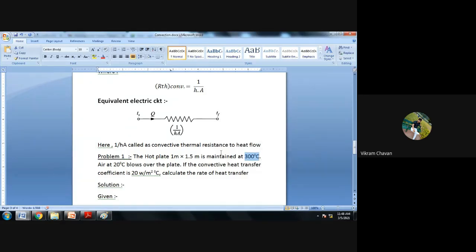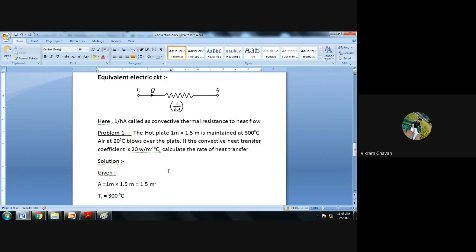Then the air or fluid temperature flowing over the plate is provided: air at 20 degrees Celsius, that is, Tf. The convective heat transfer coefficient H is provided, and it is 20 watt per meter square degree Celsius. And we have to determine Q, that is, the rate of heat transfer by convection.